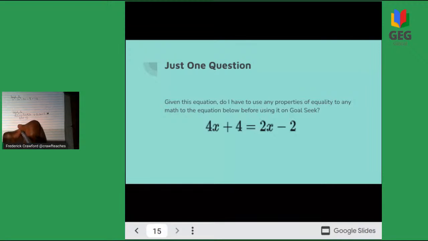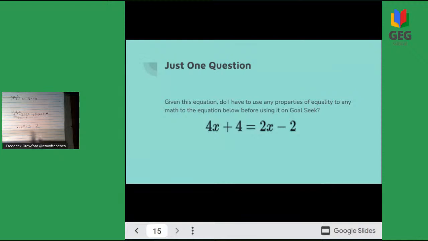So the equation we have is 4x plus 4 is equal to 2x minus 2. Notice I have a variable on two sides of the equal sign. I could theoretically use Goal Seek in this case.